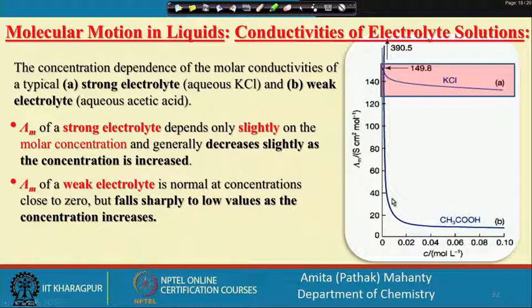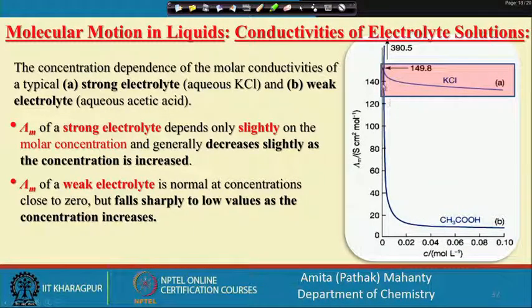A weak electrolyte, at concentrations close to 0, has a moderate value, but it falls sharply to low values as the concentration increases. You see, this is the increasing side.